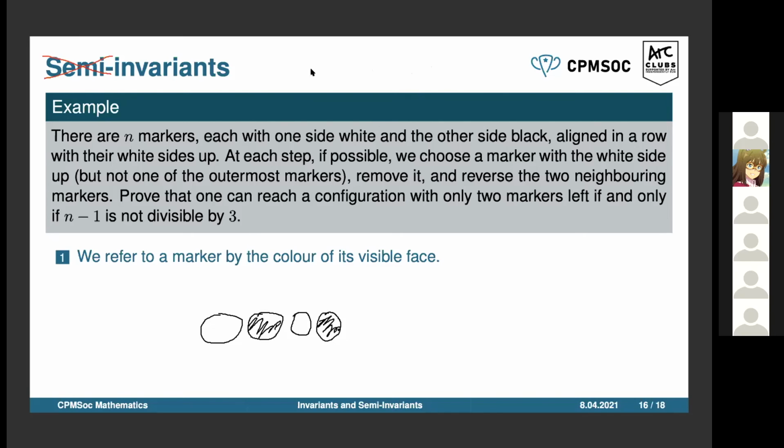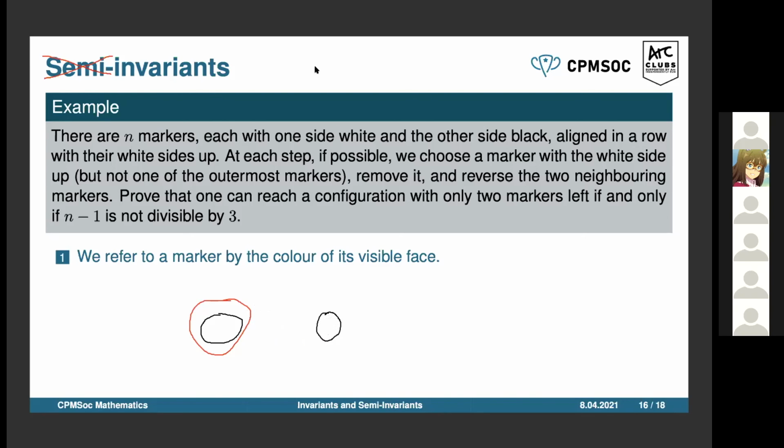So we can't choose this one because it's on the outermost edges of the row. And we can't choose this one because it's not white. So we have to choose this one in this case. And we want to get rid of it and reverse the 2 next to it. Reverse their colors.